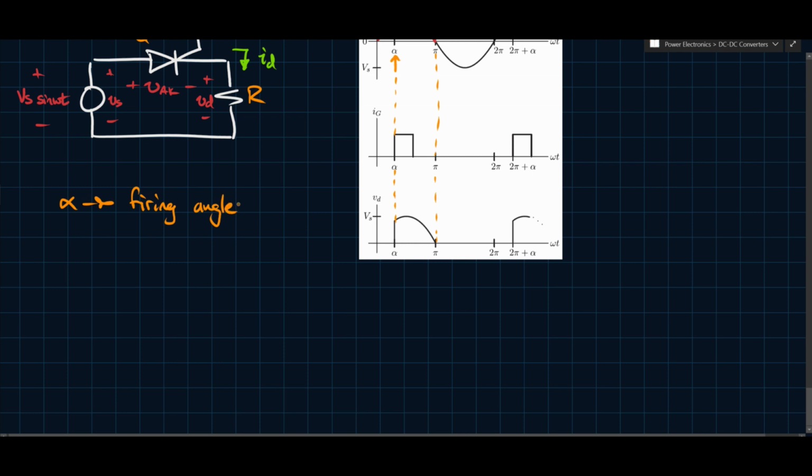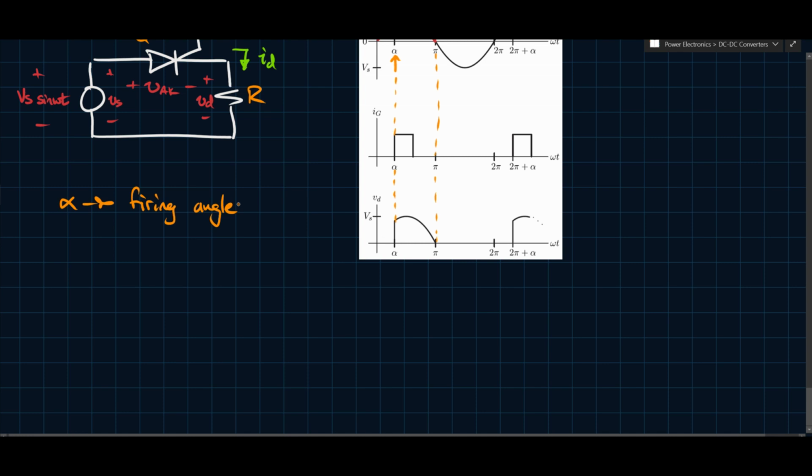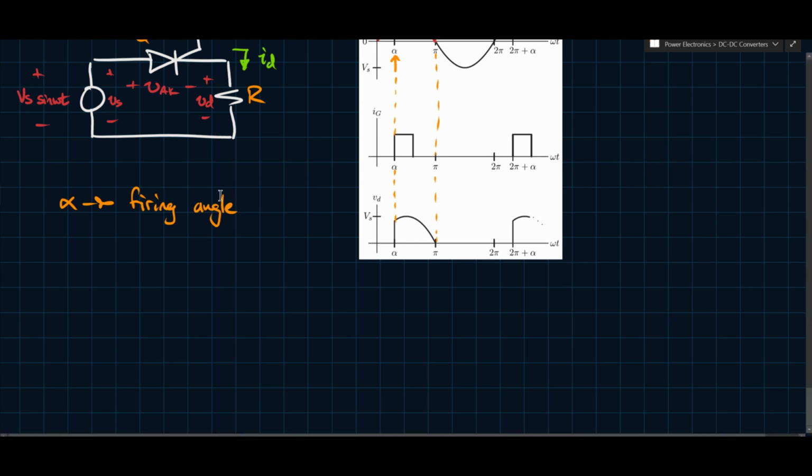I'm sure there was some historical reason why they call it the firing angle. I don't know off the top of my head what this reason is, but in any case, it's the angle of delay relative to where a diode would have turned on. Now, what does that mean?